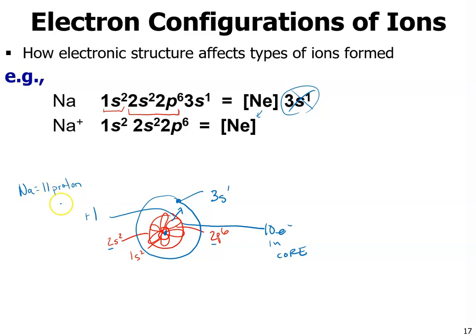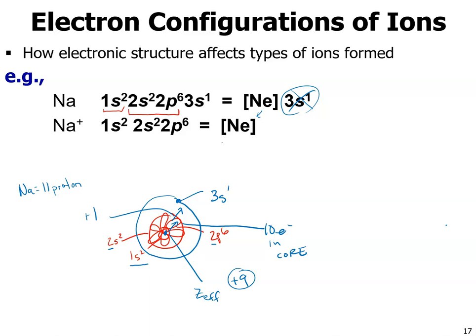So if we have 11 protons still in here, and we are only being shielded from the inside by these 2 electrons here, we would actually have an effective charge of plus 9, and that is going to be a lot harder to pull electrons out of those core shells.